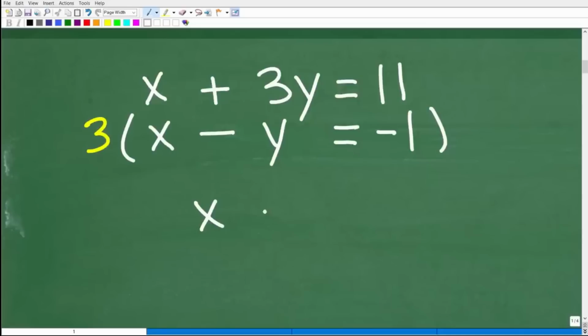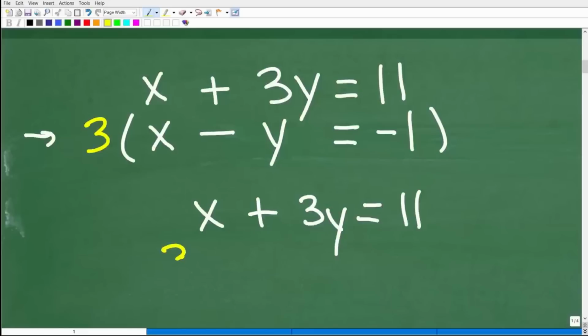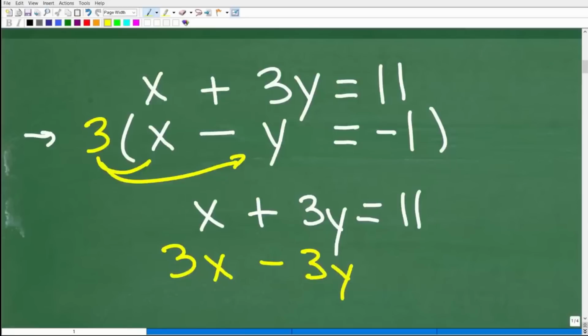So I'm going to write my first equation, x plus 3y is equal to 11. Now my second equation is going to be 3 times x, so that would be 3x, 3 times this negative y, so this is negative 3y, and 3 times this negative 1 is negative 3.